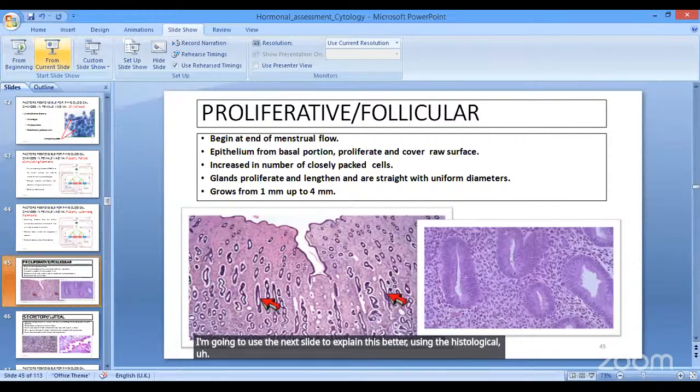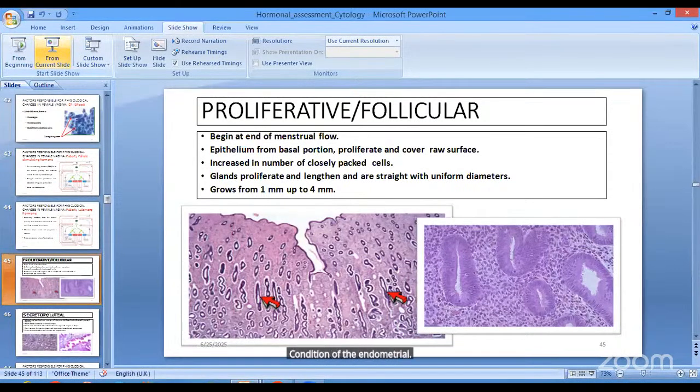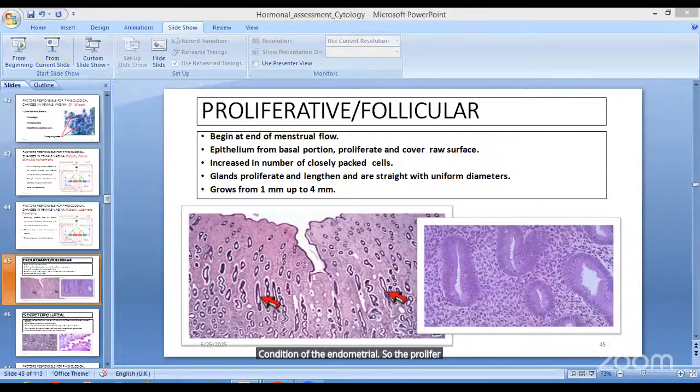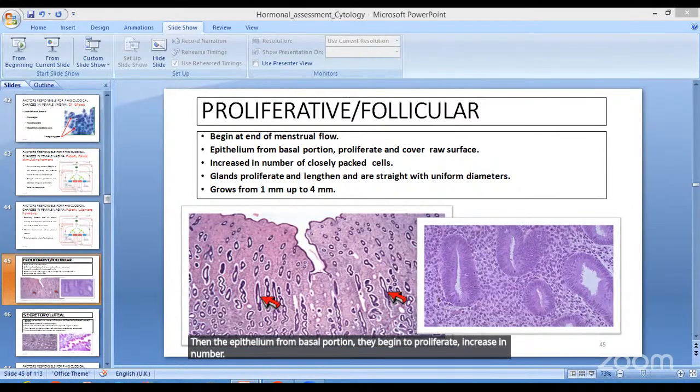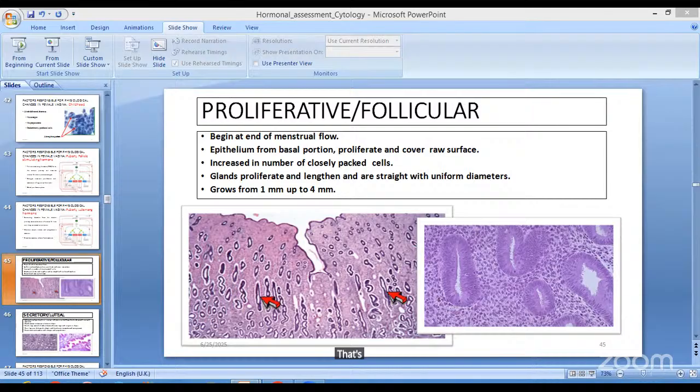So the proliferative phase, this is the estrogen phase. It begins at the end of the menstrual flow. The menstrual flow is actually from day 1 to 5 or 6. Then the epithelium from the basal portion begins to proliferate, increase in number. That's why you are seeing an increase in number of these on this slide.